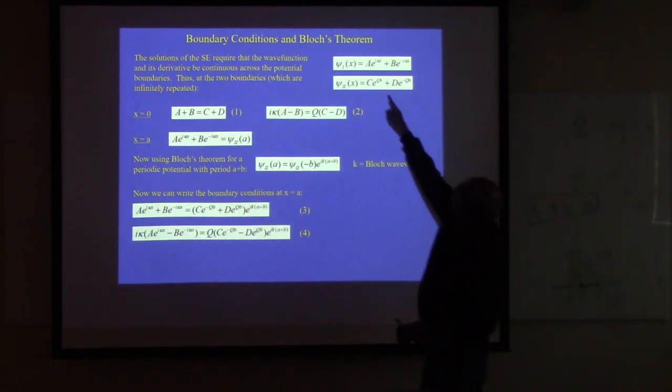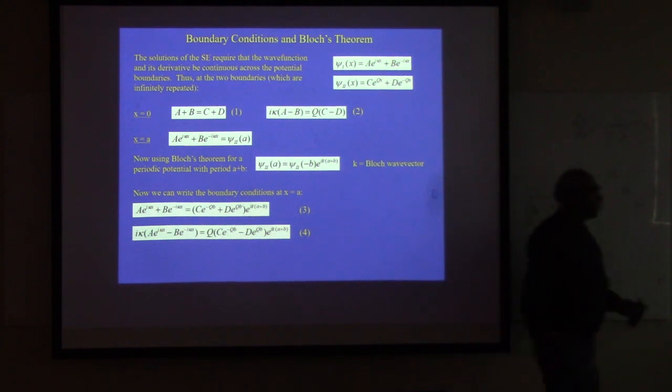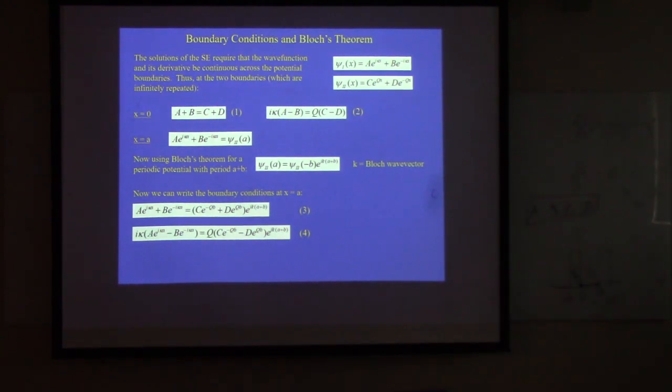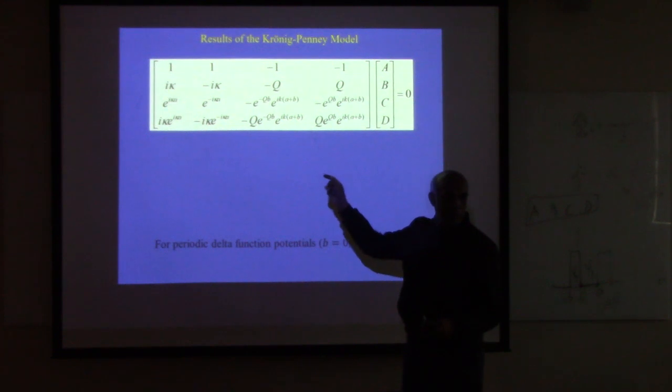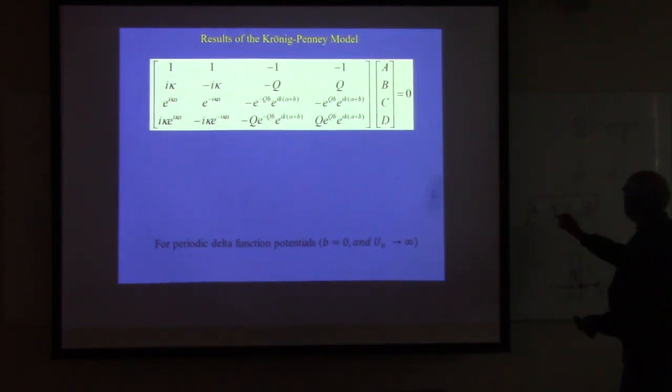So you can write this as a 4x4 matrix or determinant. If you write these 4 equations together, the first equation is A plus B plus C plus D, and this equals 0.